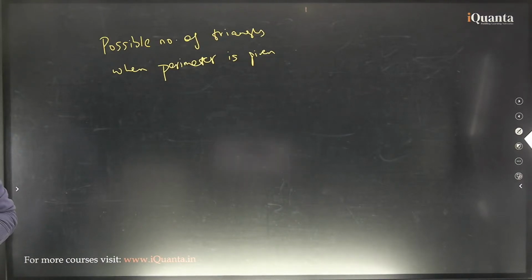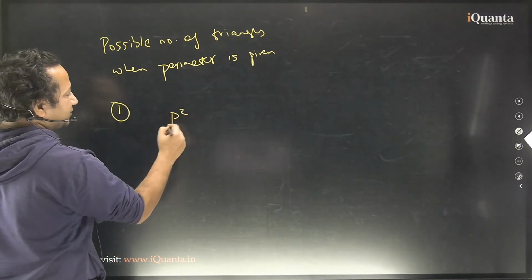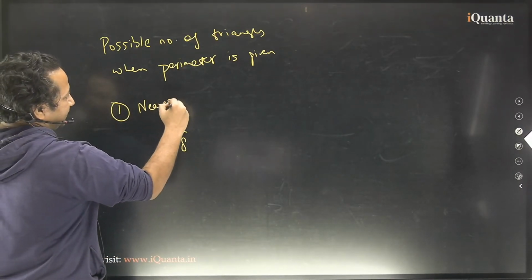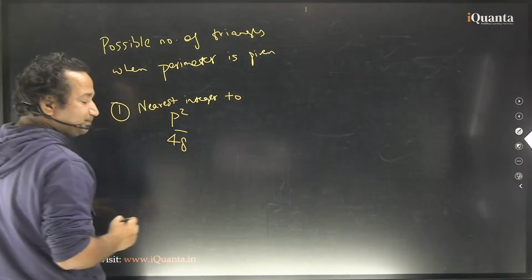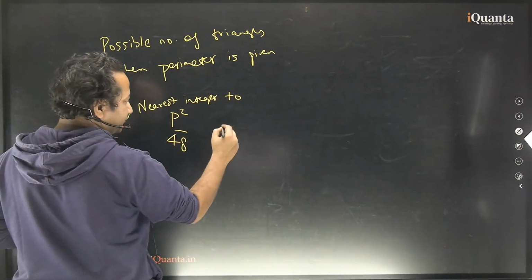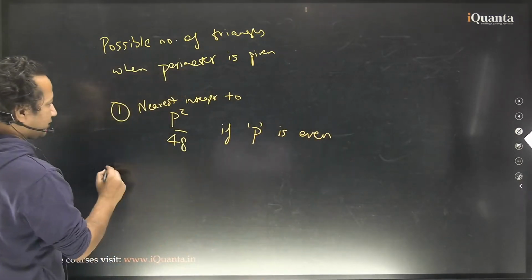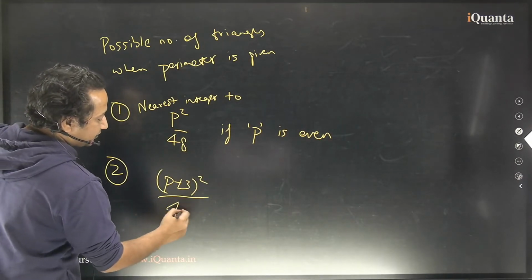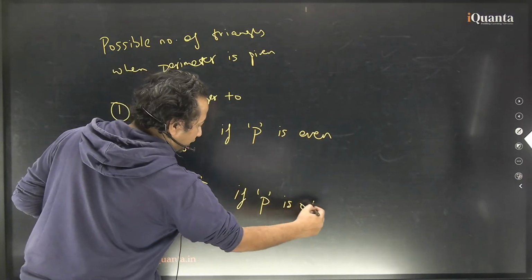So by using those two conditions you might be wasting a lot of time, but here we'll just use a formula. The formula is like this: p²/48. Basically it's the nearest integer to p²/48 if p is even, and the nearest integer to (p+3)²/48 if p is odd.